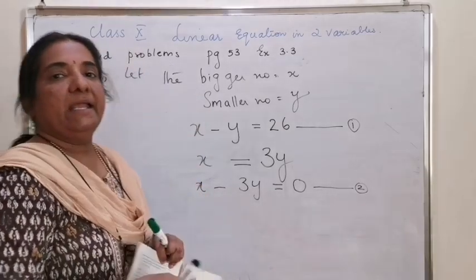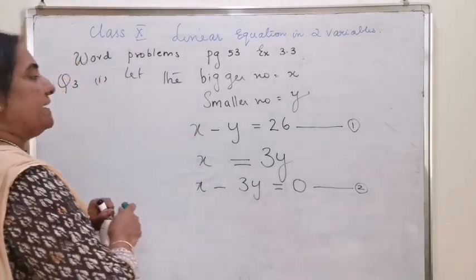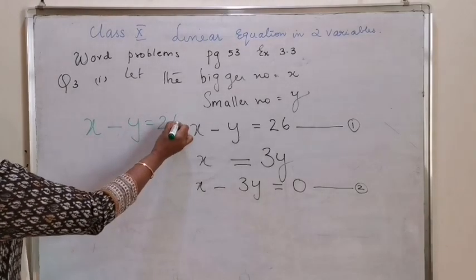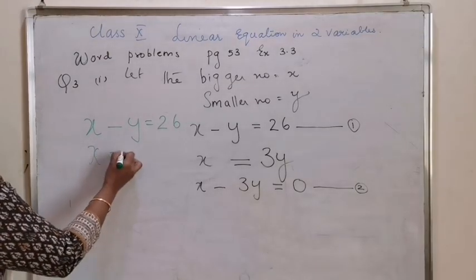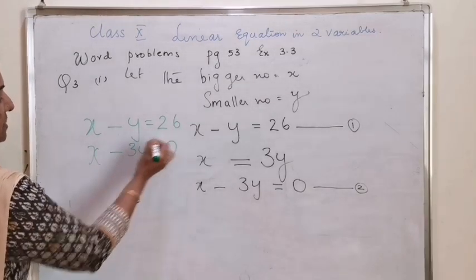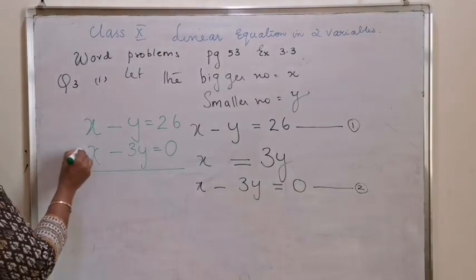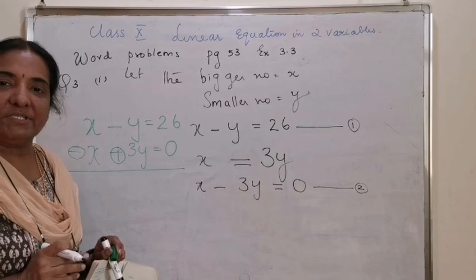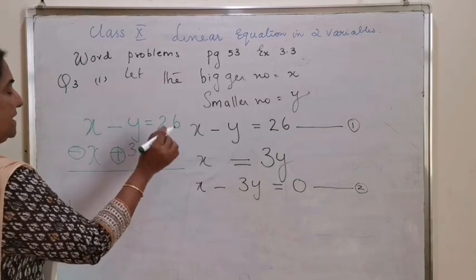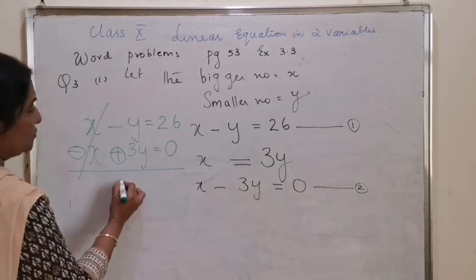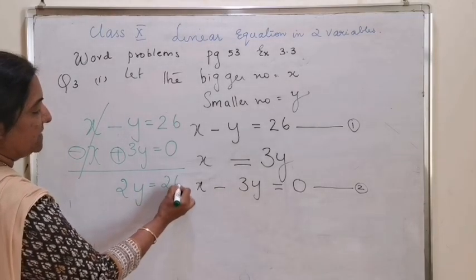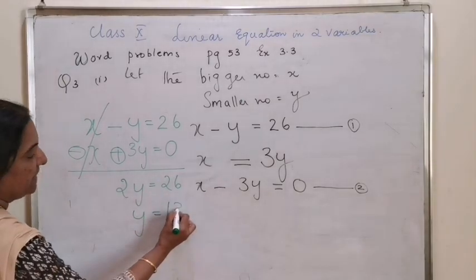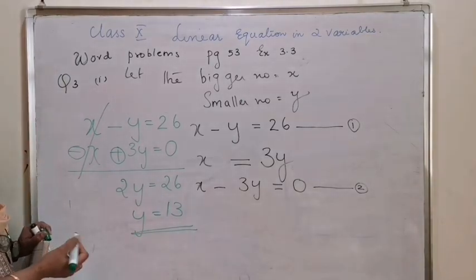Solving it by elimination method, rewrite the equations as x minus y is equal to 26, x minus 3y is equal to 0. Already the coefficient of x is 1 in both the equations. So subtracting the equations, 2y is equal to 26, or y is 26 by 2, which is equal to 13.